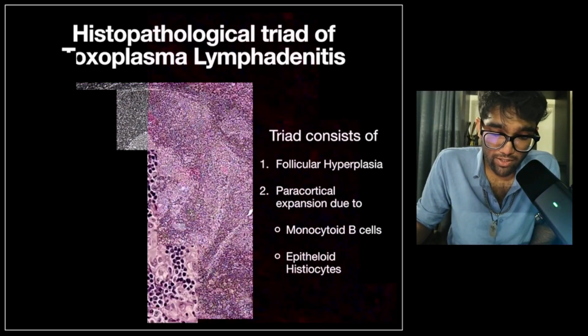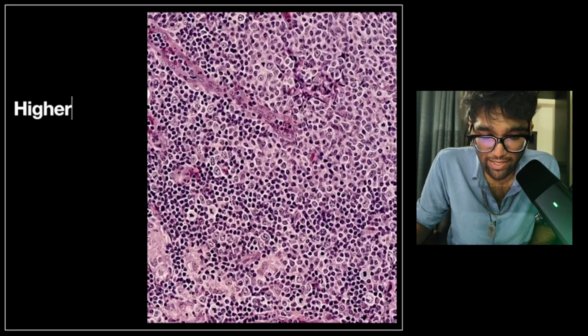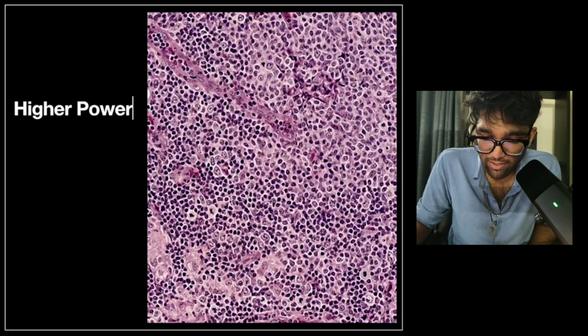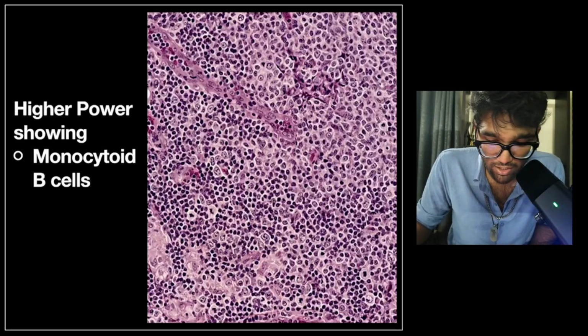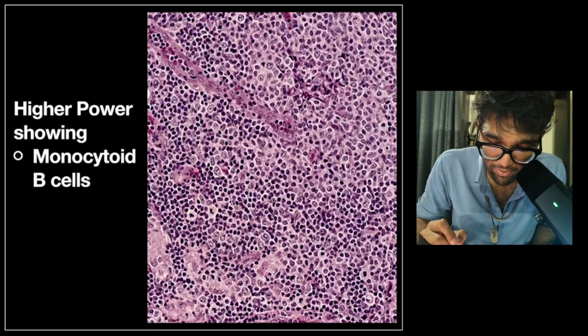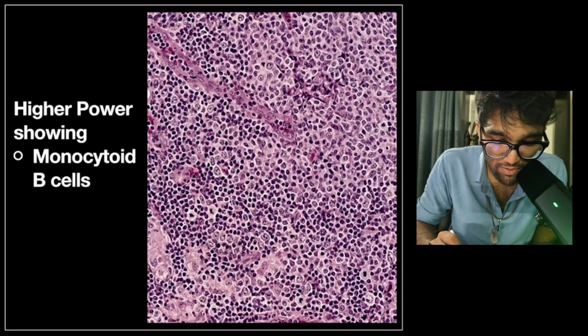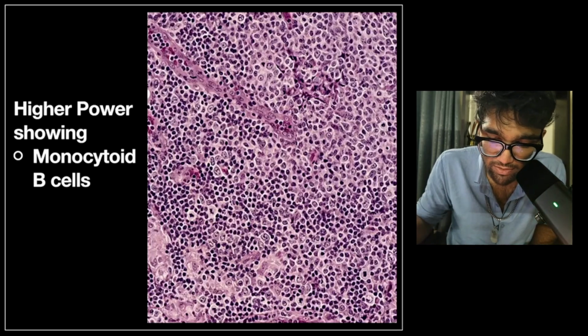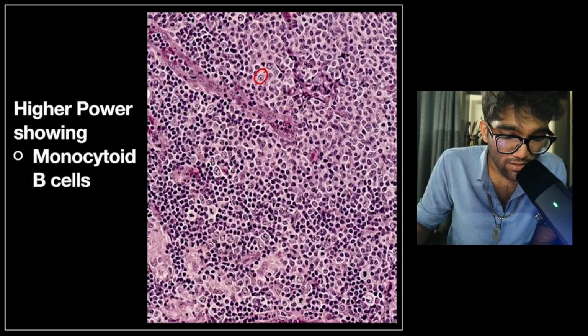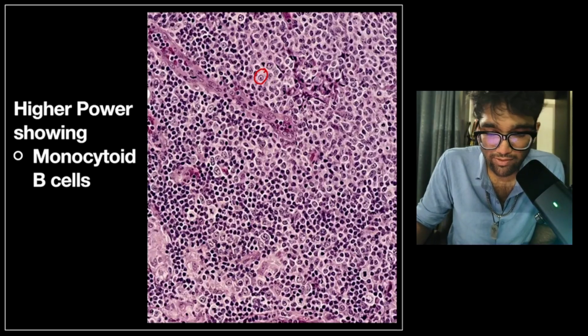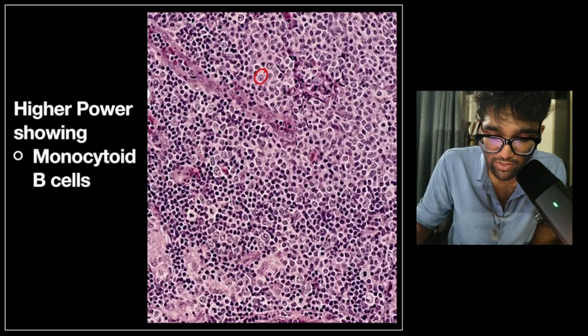Finally, this is the higher power field showing your monocytoid B cells. Some of these cells are much larger than you would expect for B cells. B cells are small lymphocytes. This cell, for example, looks like an immunoblast, and we'll discuss the morphology of immunoblasts in subsequent discussions in this series.